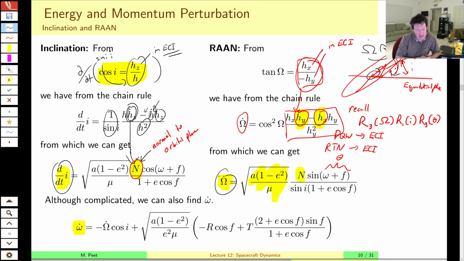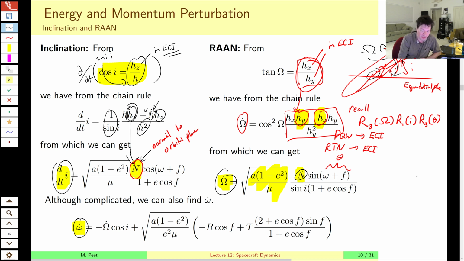And finally, there's a very complicated expression for the argument of perigee. These terms both depend on the component of force normal to the orbital plane. The argument of perigee is where in the orbital plane perigee is located, and this is the most complicated expression we have.